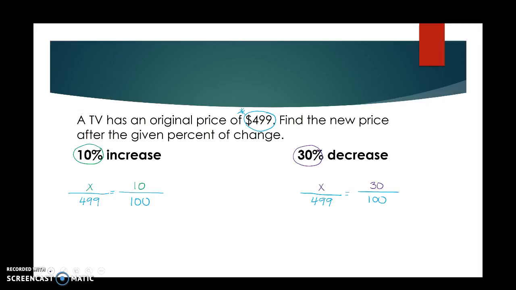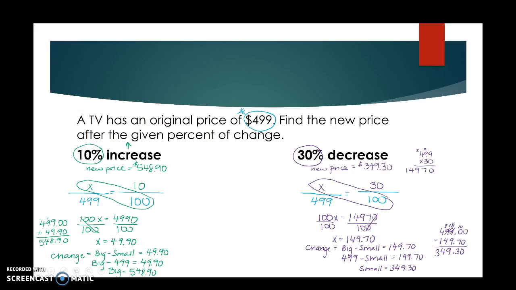So you guys are rock stars. Go ahead and figure it out. I want you to find those two new prices. All right, rock stars, go ahead and take a look and check your work. So I think that the hardest part is just figuring out, once you have your X in these situations, you have the change, is figuring out if you're going to add it or subtract it from the original price.